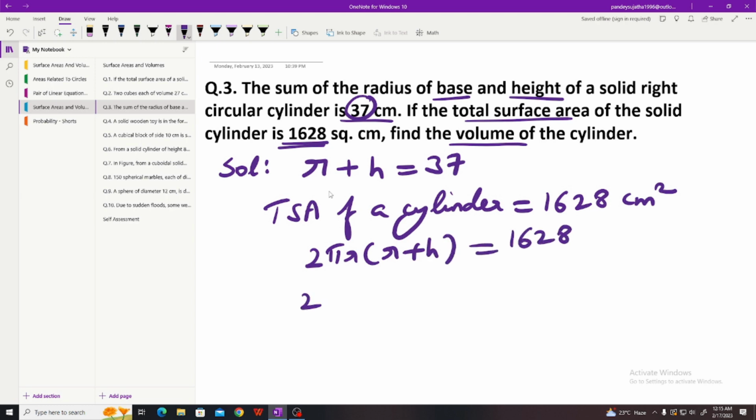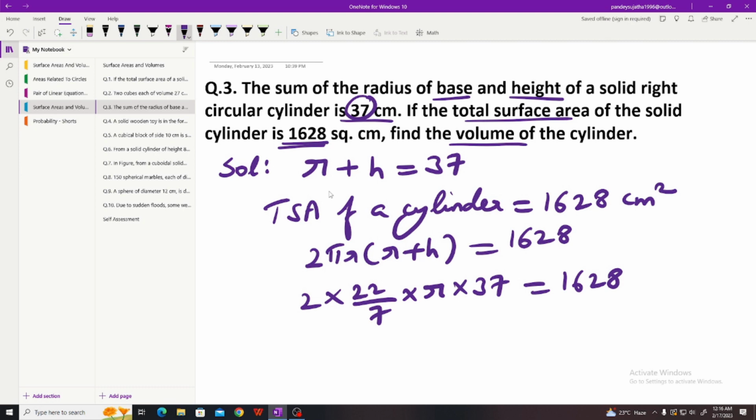So put the values. 2 into 22 upon 7. Since we don't know the radius, write it as r, and the sum of r plus h is 37 centimeter, so write here 37, equal to 1628.